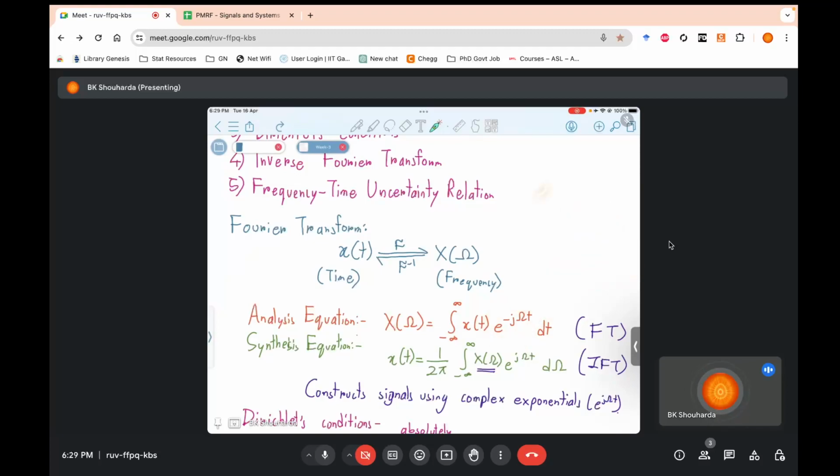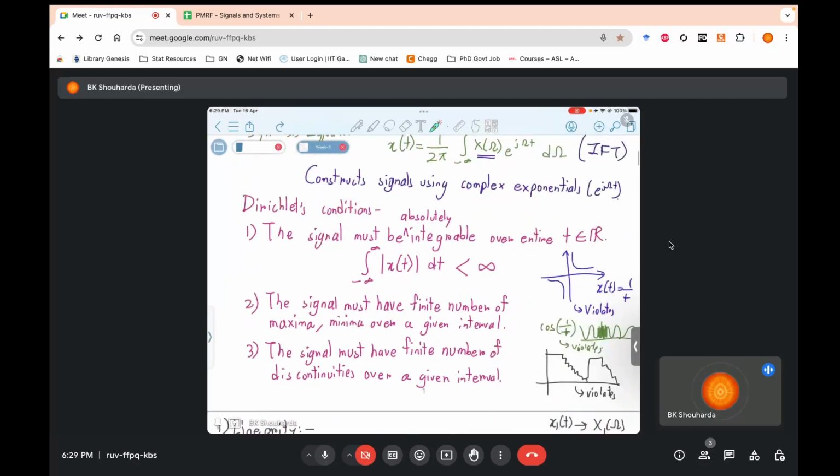Based on these complex exponentials you build up a signal. This is the spectrum of the signal X(omega), and given a spectrum X(omega), or the Fourier transform, you can obtain back the signal. You see the two relations look very similar, but the difference is in this.